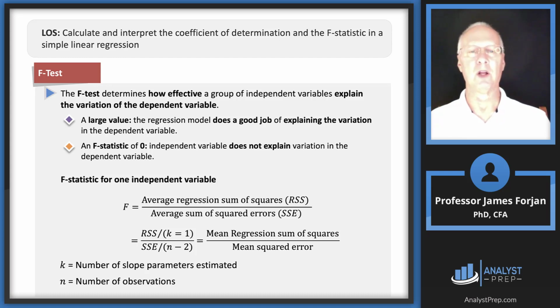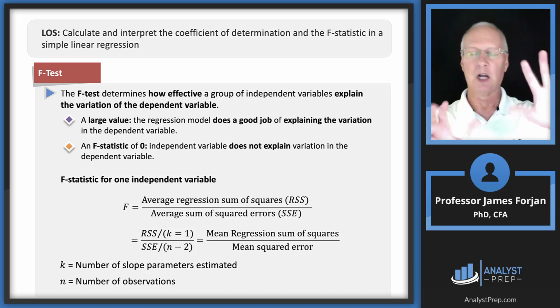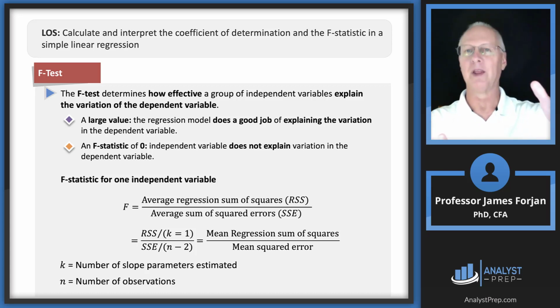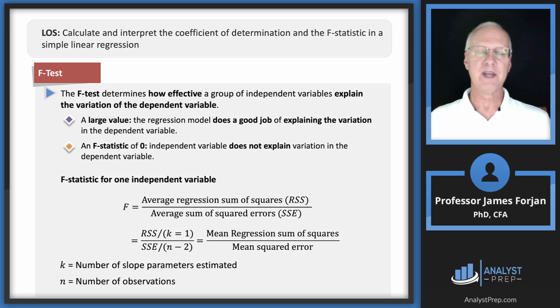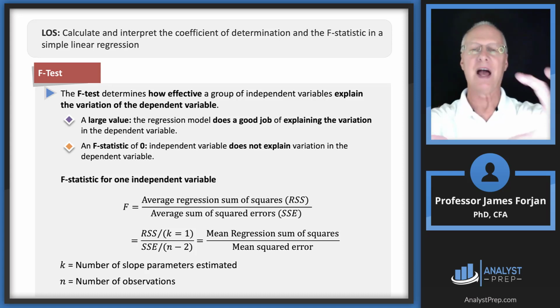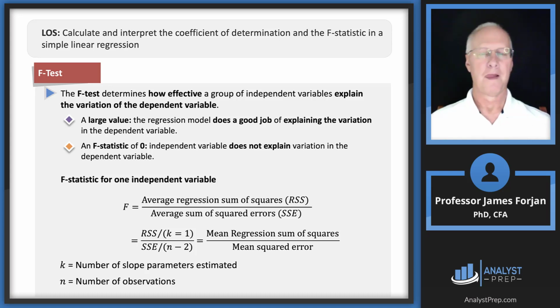All right, so what do we want? A large value. If we have a large F, the regression model does a good job of explaining the variation in the dependent variable. We went through a couple of those slides to determine the total variability and the explained and the unexplained. What the F-test does is reach out and grab hold of all that stuff and put it into one output.